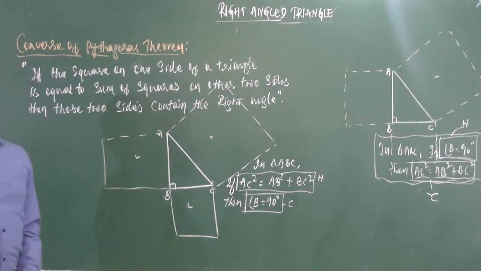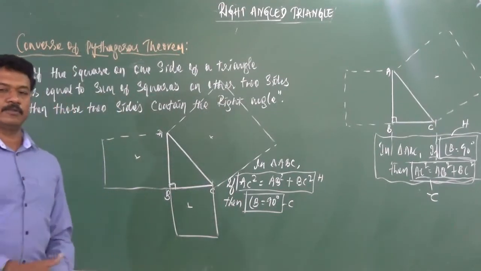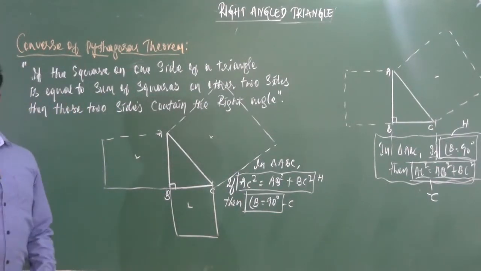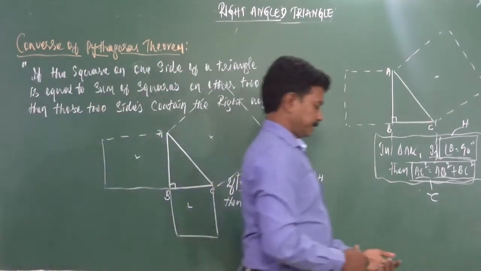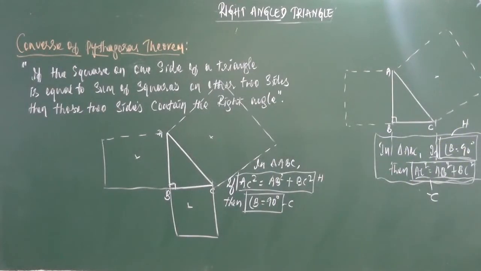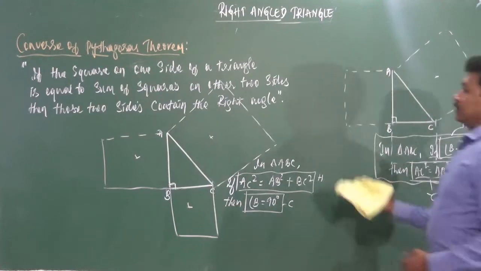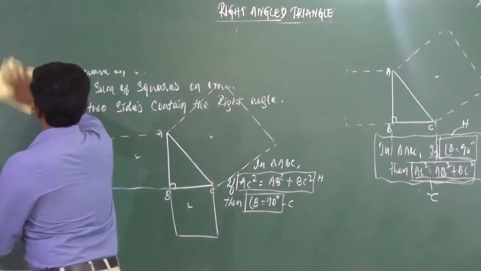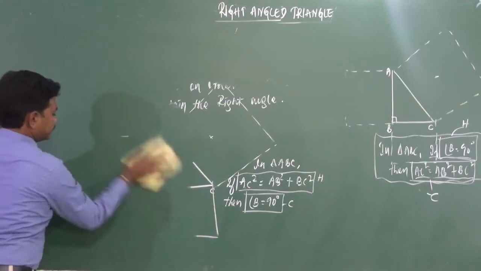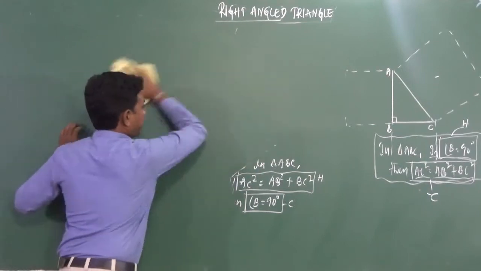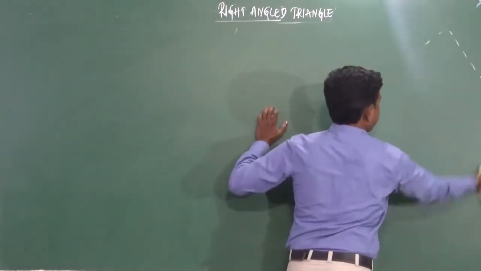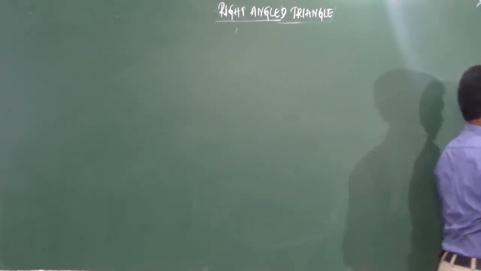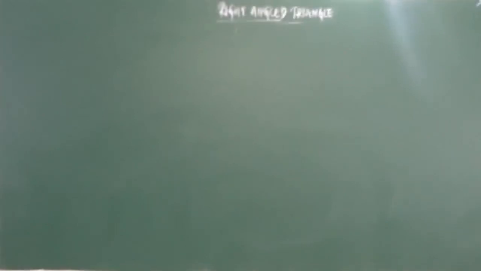So there is no proof for this. In the sense, we have the proof for this, but it will not actually be asked in your examination. Just you have to remember the statement, right? So I have to remember this and recall this whenever required. Right. So we'll get into very simple problems today.